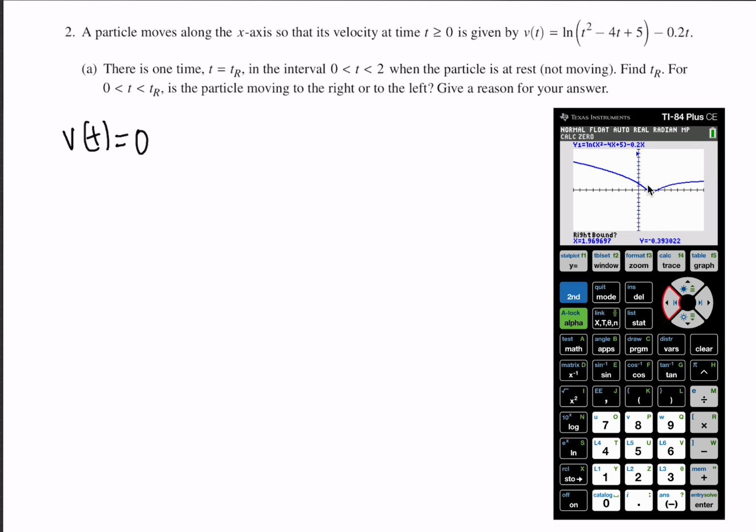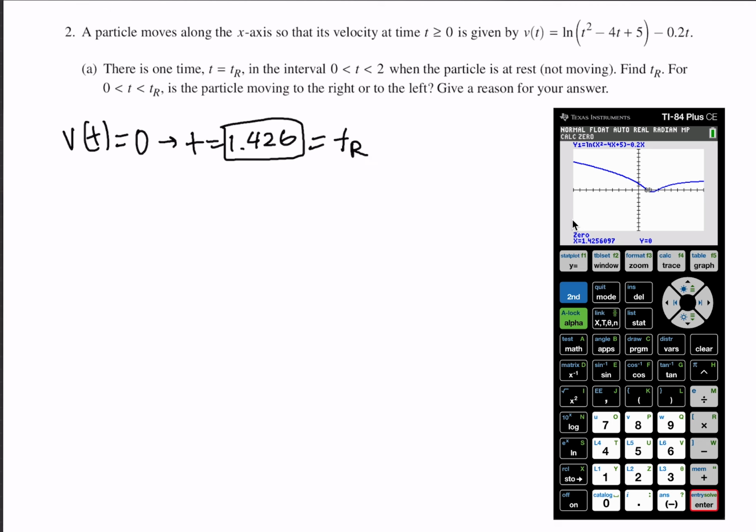Since there are 2 points where the function hits the x-axis, it's going to be the first time, not the second time, since the second time is after 2 on the x-axis. And so as we can see, t equals approximately 1.426. So this is equal to tr.